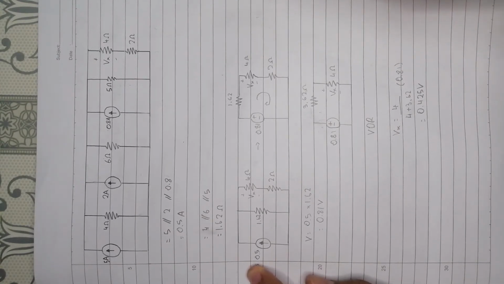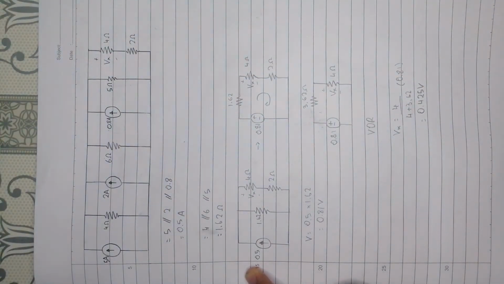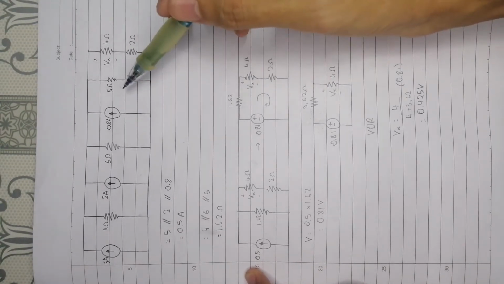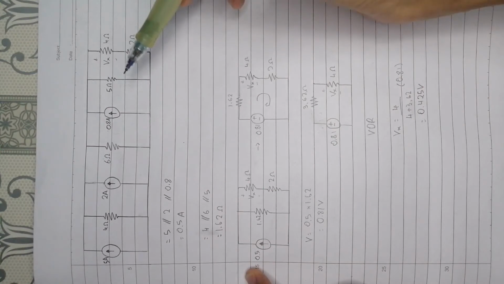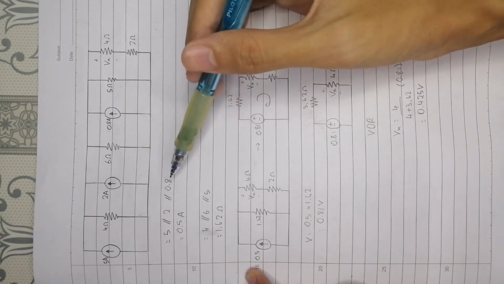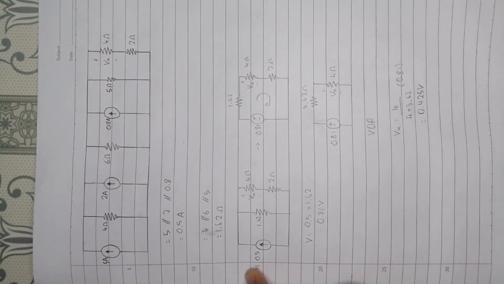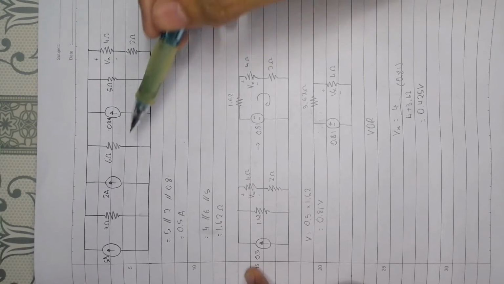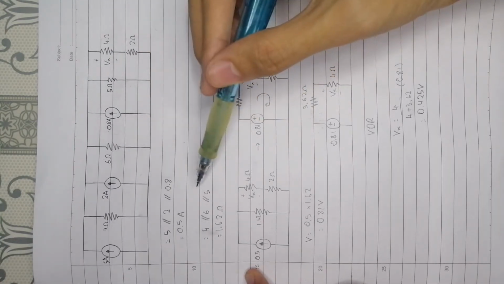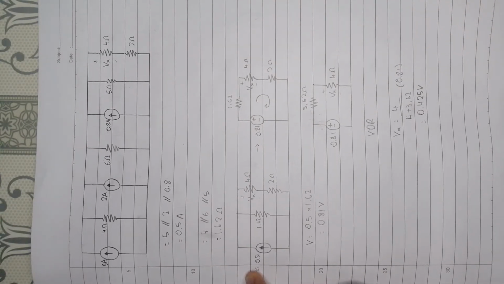So in this circuit, we can see that most of the components are parallel, so we can combine them. So first we combine the current source, that is 5, 2 and 0.8, we got 0.5 ampere. And then we parallel the resistor, where we got 4, 6 and 5. The answer is 1.62 ohm.